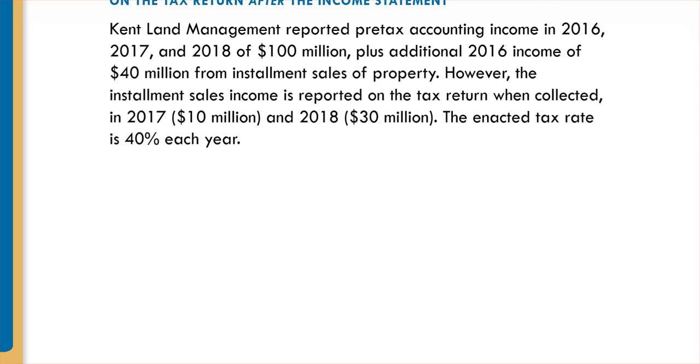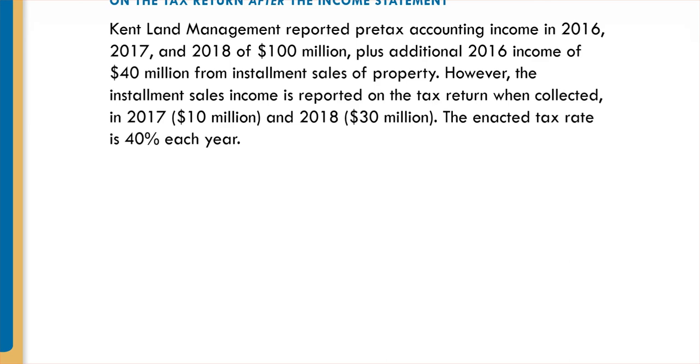Here's an example, and I realize I've kind of cut off the top of it here. It's a deferred tax liability from revenue reported on a tax return, and it shows up in the tax return after it shows up on the income statement.